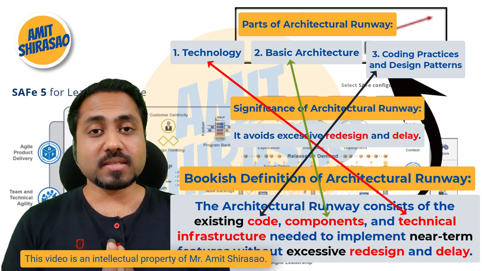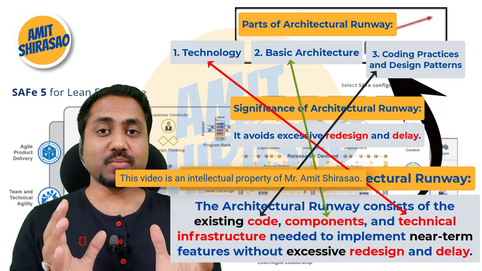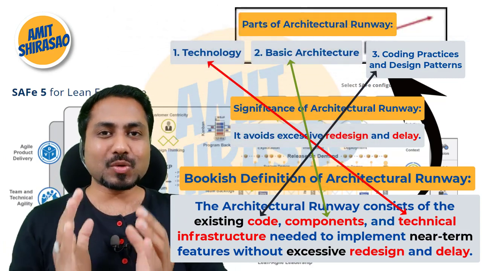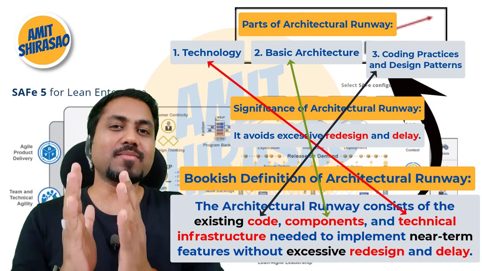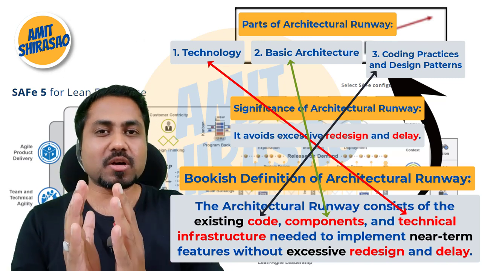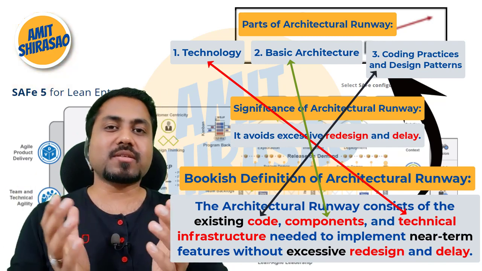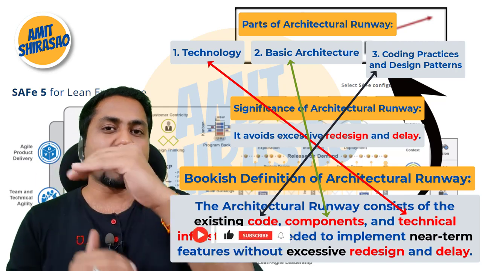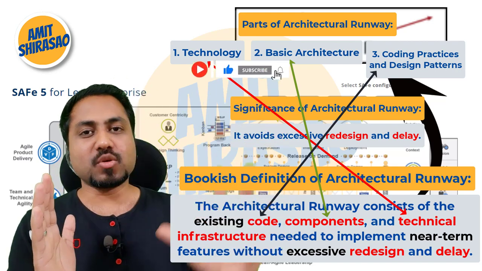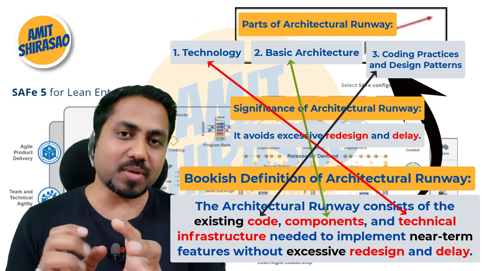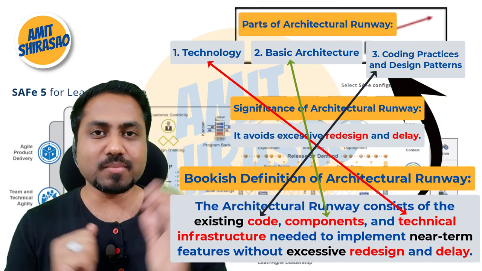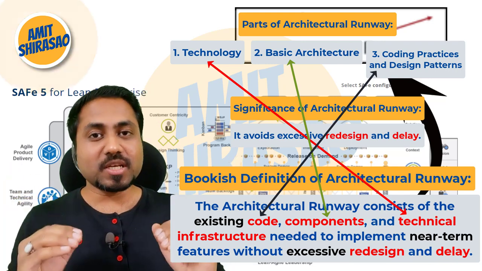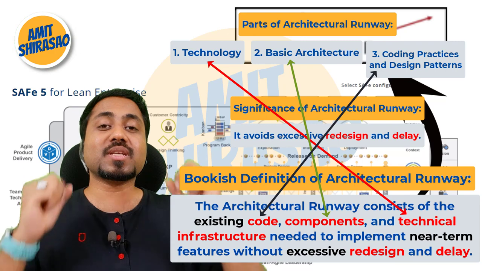What Spotify says is that even your UI should be made up of small components, all independently deployable. They call a team a squad, and they call an ART a tribe. So your squad is working on one small piece of the UI, and it is independently deployable. Just like microservice architecture in the API layer, Spotify says that kind of architecture should be there in the UI layer as well.